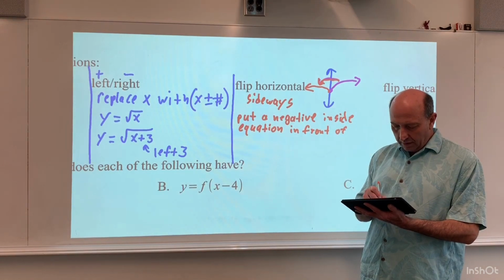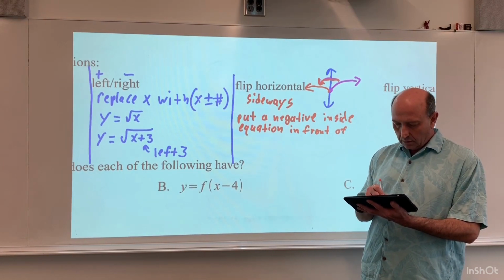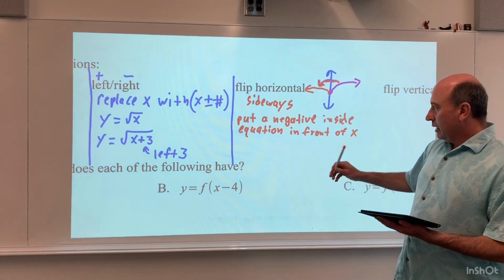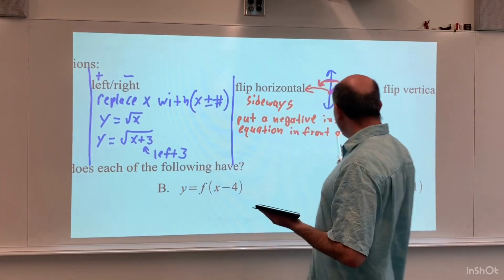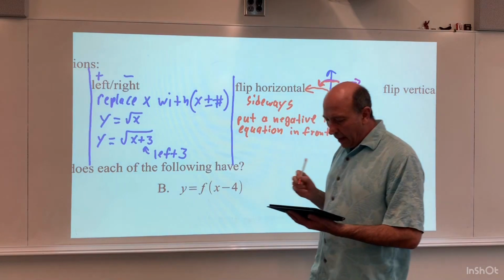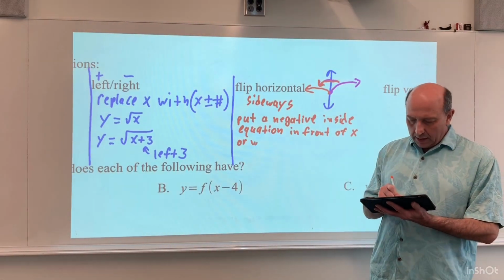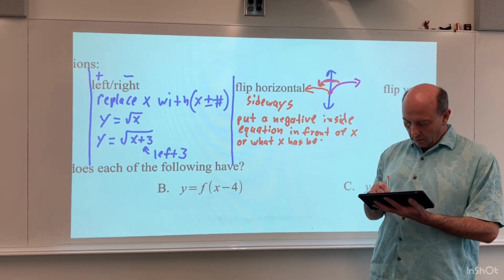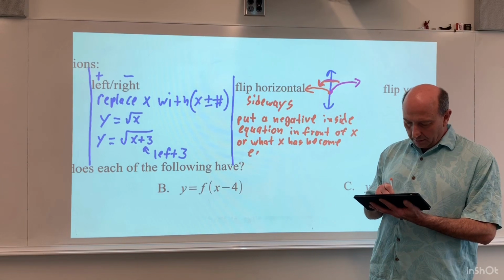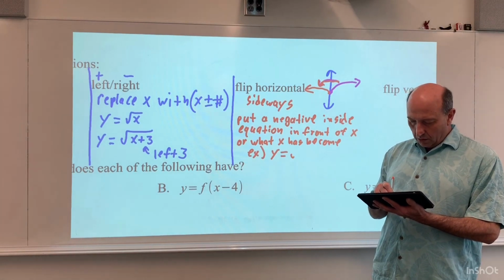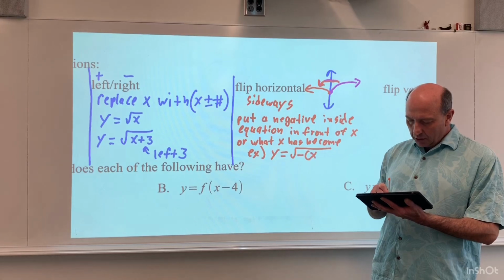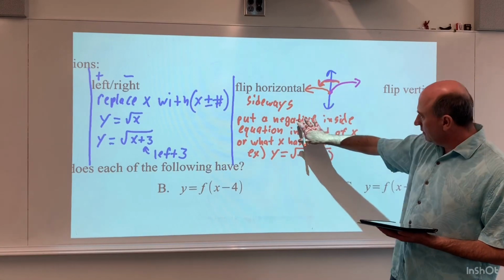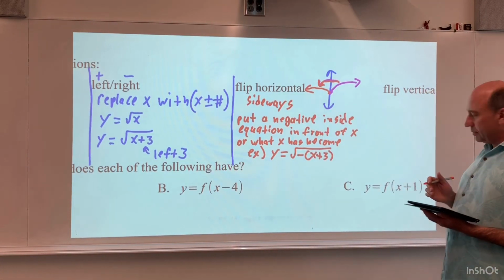So in this one, the negative goes in front of the x, which has become x plus 3. For example, y equals the square root of negative x plus 3. So that is going to be a horizontal or sideways flip.